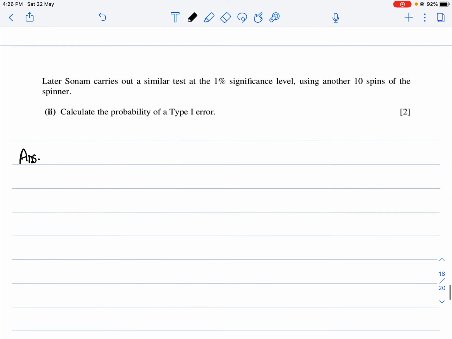Now, later Sonam carries out a similar test at the 1% significance level using another 10 spins of the spinner. Calculate the probability of a type 1 error. The probability of a type 1 error basically means when you reject your null hypothesis, but your null hypothesis is true.